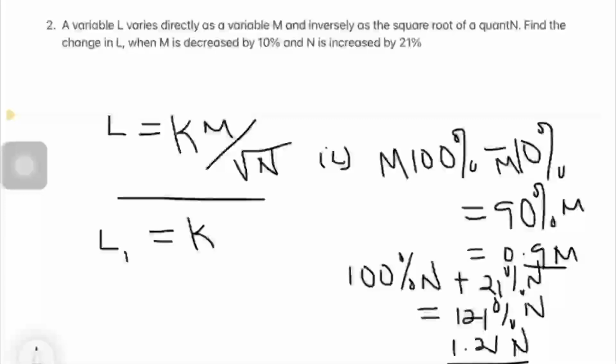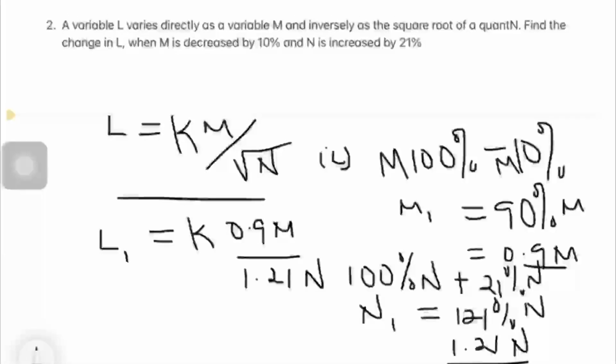So L1 is equal to, assume this is our M1, and this is our N1. So we are going to have 0.9 M all over, our N1 is 1.21 N. Okay.